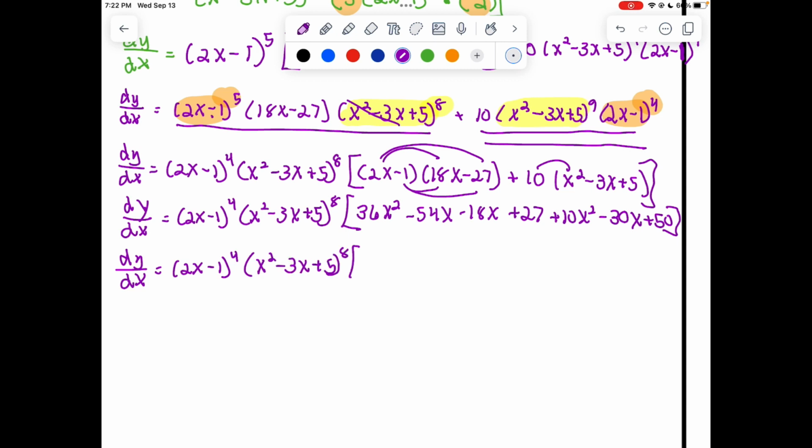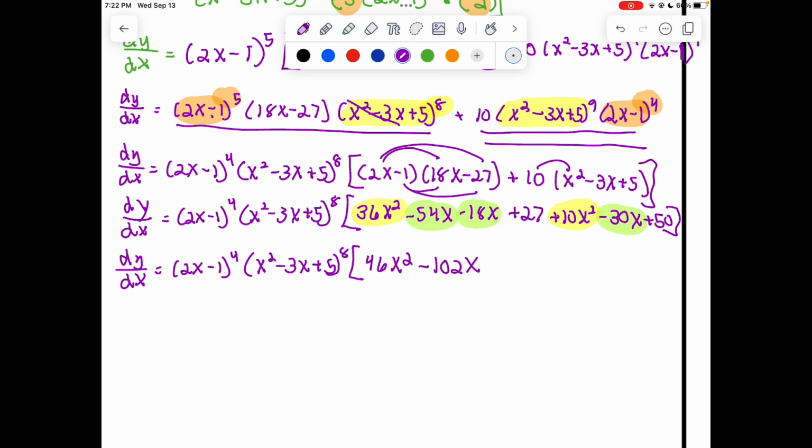Okay, still working in this bracket. The last thing I'm going to do is combine all my like terms. So I have a 36x squared, and I'm going to add that to a 10x squared to give us 46x squared. Now I'm going to combine my negative 54x, our negative 18x, and our negative 30x to get a negative 102x.